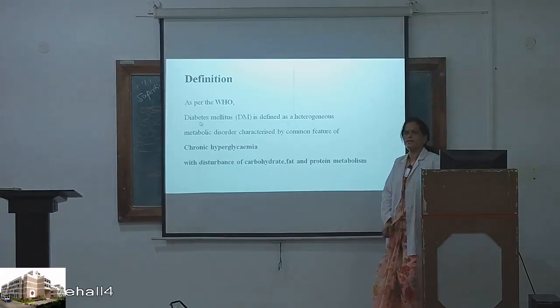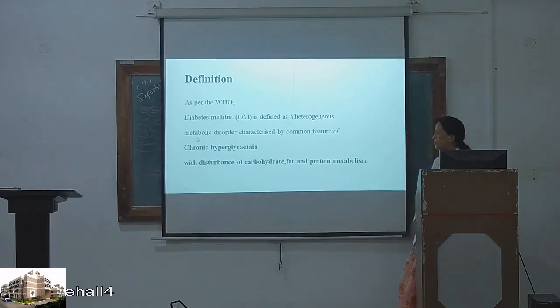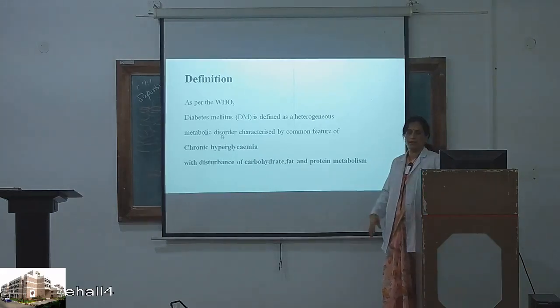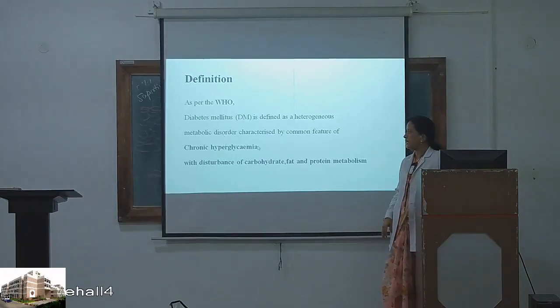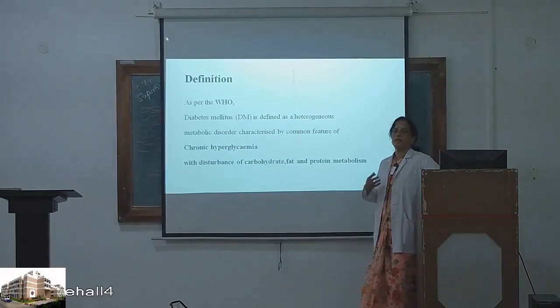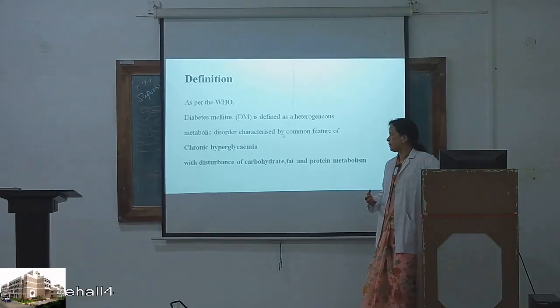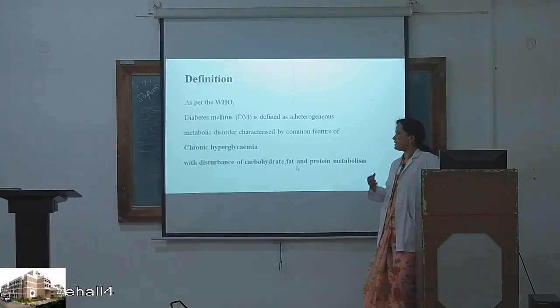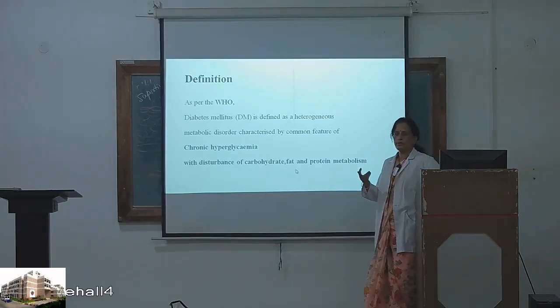So what are the characteristics then? It is characterized by chronic hyperglycemia. Chronic, that is over a prolonged period. So what is present? Hyperglycemia. What is hyperglycemia? Increase in the level of the blood glucose. And what else? It is not just hyperglycemia. There's a disturbance in the carbohydrate, fat and protein metabolism.